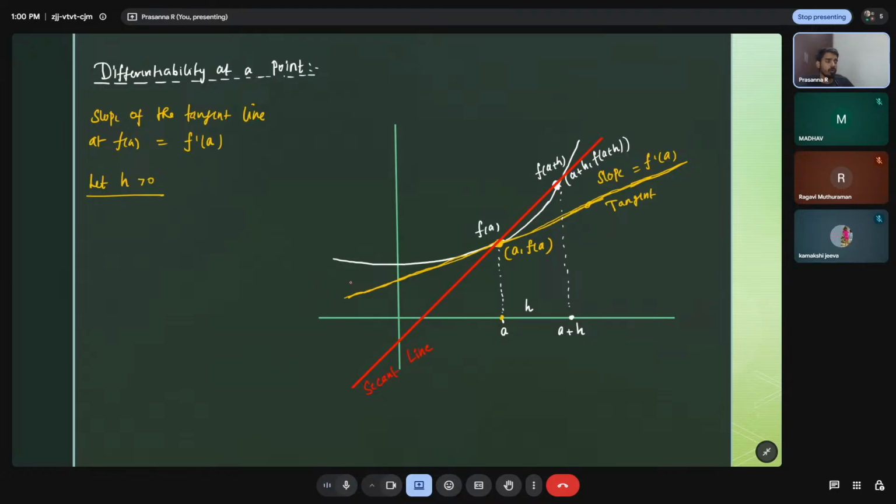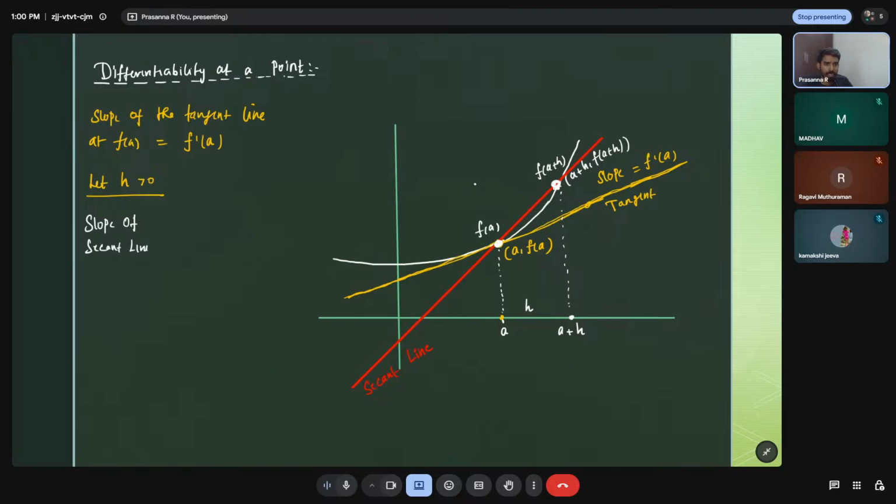I can find the slope of the secant line, yes or no? Because I know two coordinates. In the secant line, one coordinate is a comma f of a, which is also a coordinate of the tangent line. Another coordinate is a plus h comma f of a plus h.